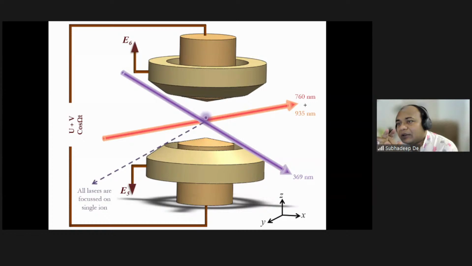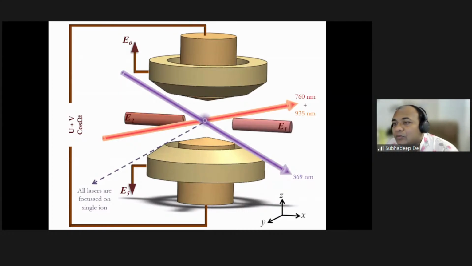It's very difficult to align. If you don't do anything extra, it's very difficult to align the crossing of the laser beams with the ion. So you need to have some extra knobs so that you can change the position of the ion a little bit in micron level precision.